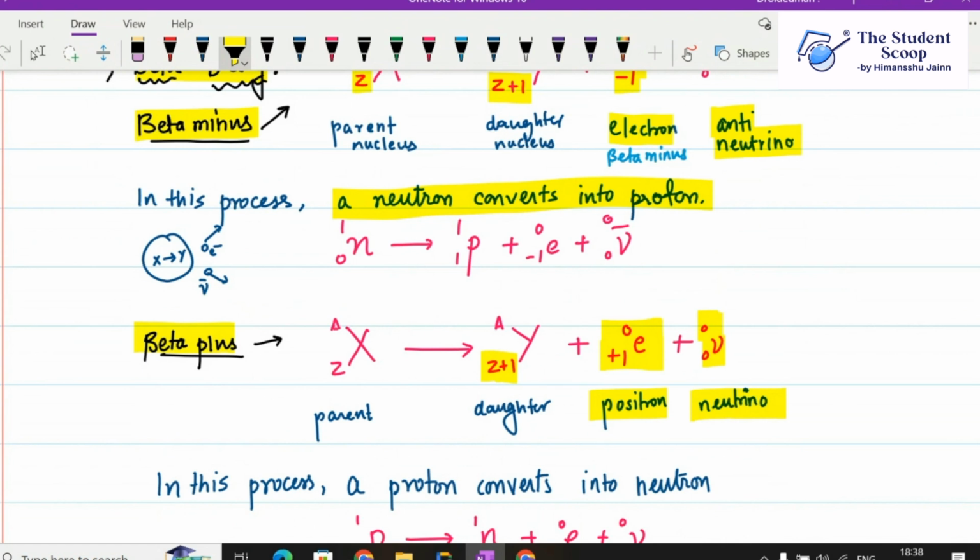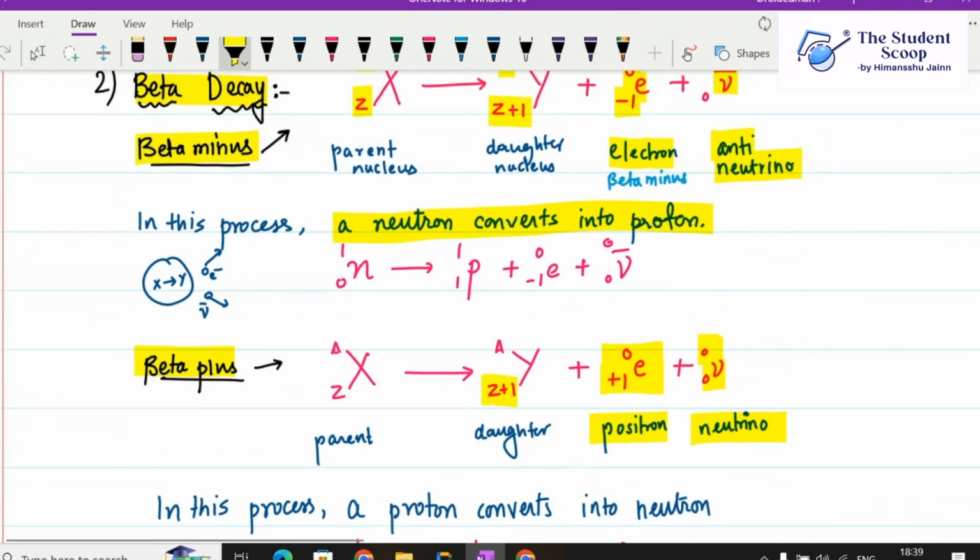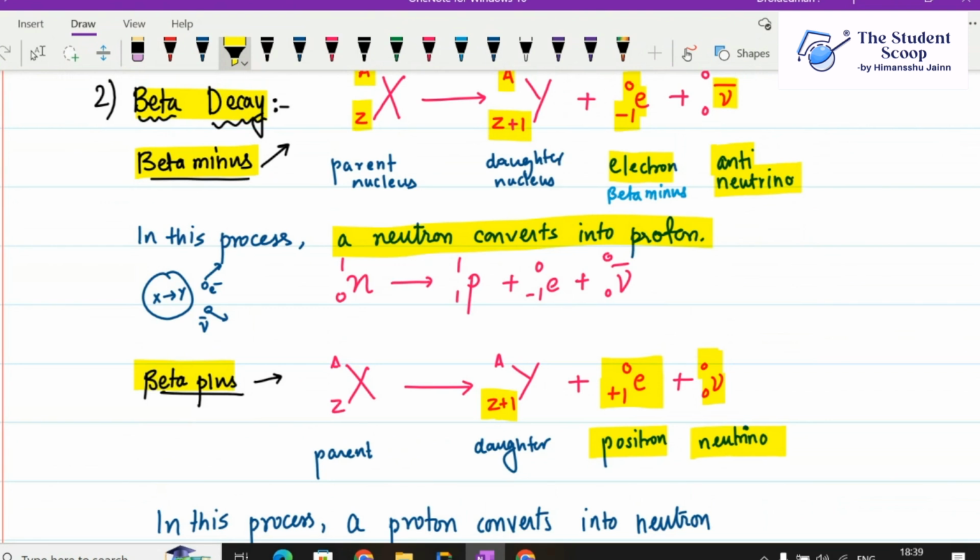First you need to understand that every particle has an antiparticle. So there is a proton, there is an antiproton. If there is a neutron, there is an antineutron. There is an electron, and the anti-electron is called a positron, which is a positive version of the electron. It has the same mass, same behavior, but it is positive in charge. Similarly there is a neutrino, there is an antineutrino.